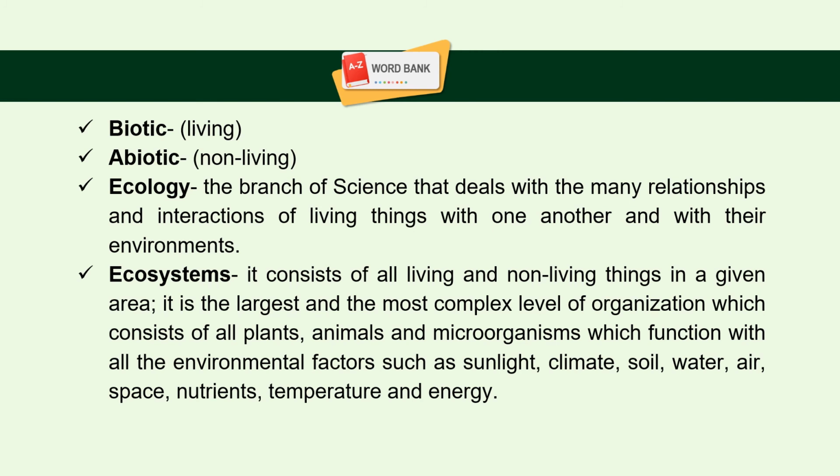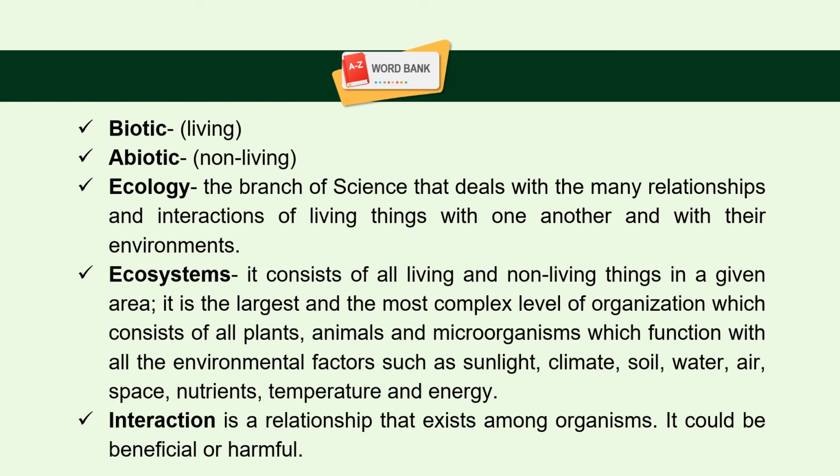It is the largest and the most complex level of organization, which consists of all plants, animals, and microorganisms which function with all the environmental factors such as sunlight, climate, soil, water, air, space, nutrients, temperature, and energy.